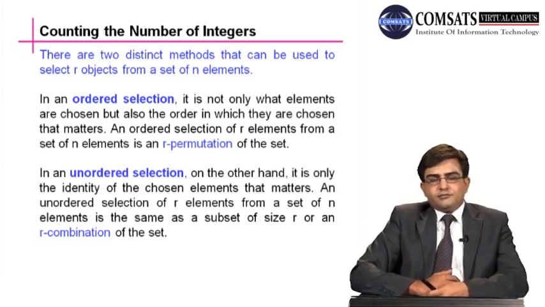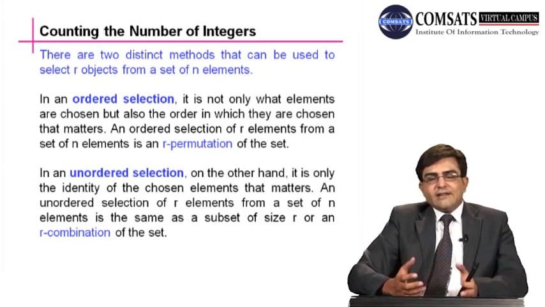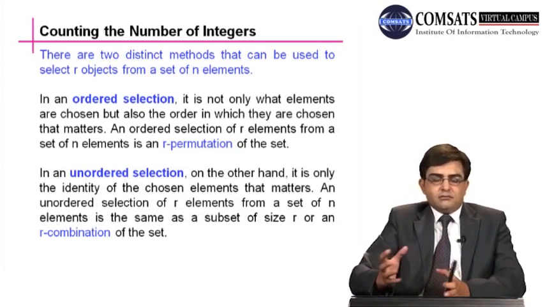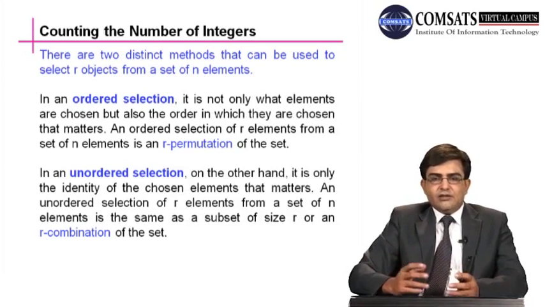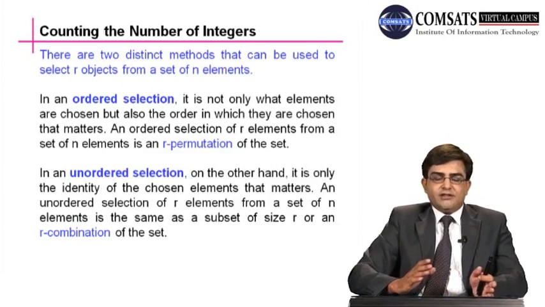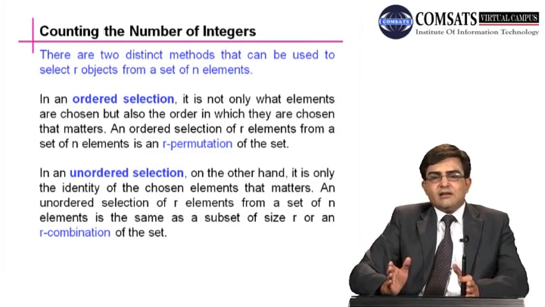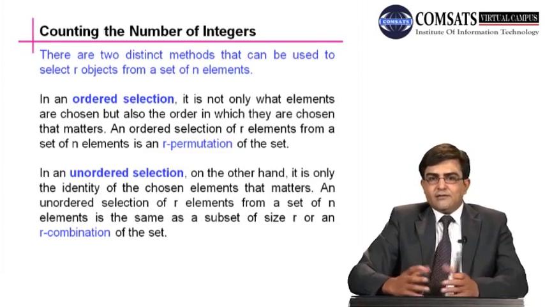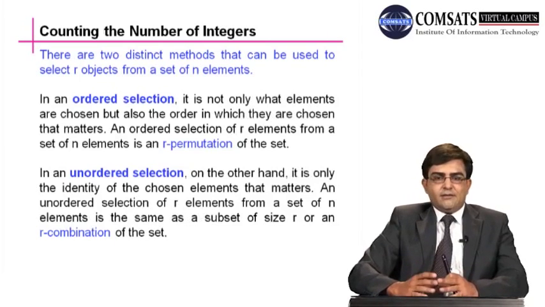Basically, selecting elements out of some number of elements, there are 2 methods. One is combination, one is permutation. Combination is an unordered selection in which order doesn't matter, and in permutation, the order does matter.